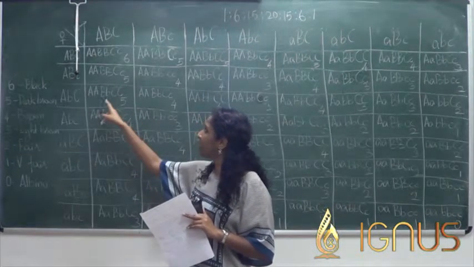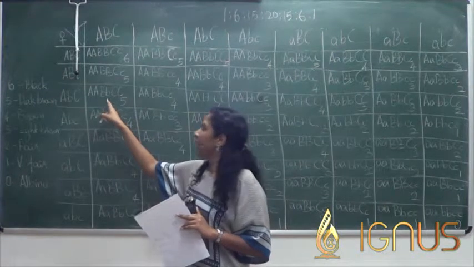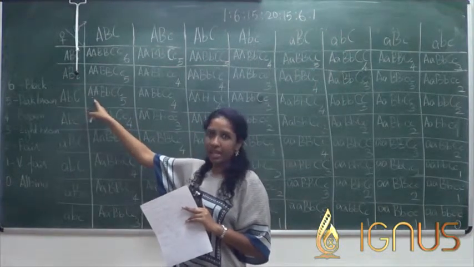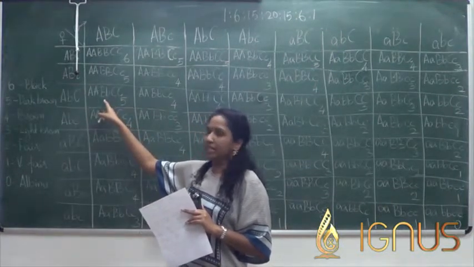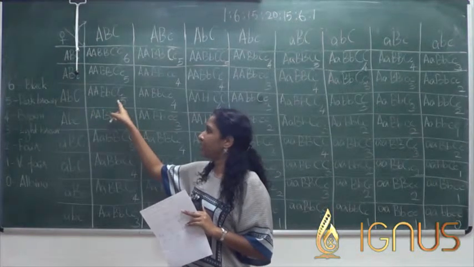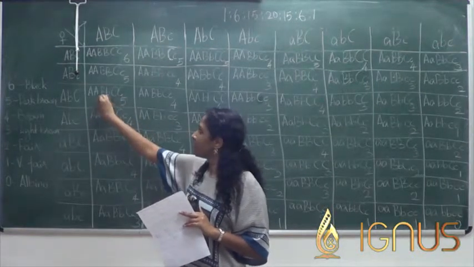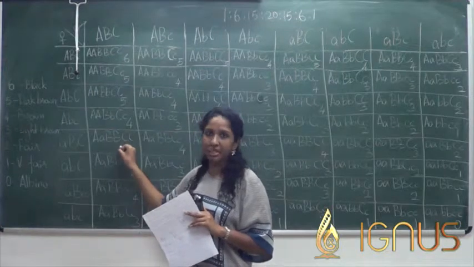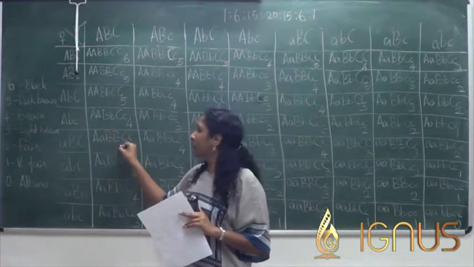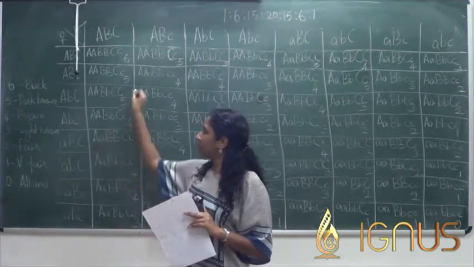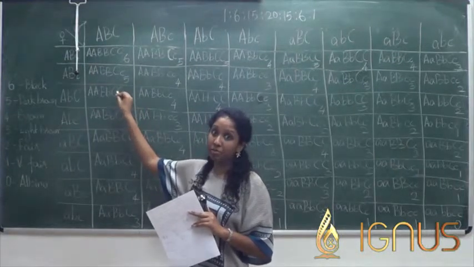But if you take, for example, this one, you have 2 dominant alleles in A, 1 dominant allele in B, and 2 dominant alleles in C. So this is very different from this genotypically, but the number of dominant alleles are the same in both.